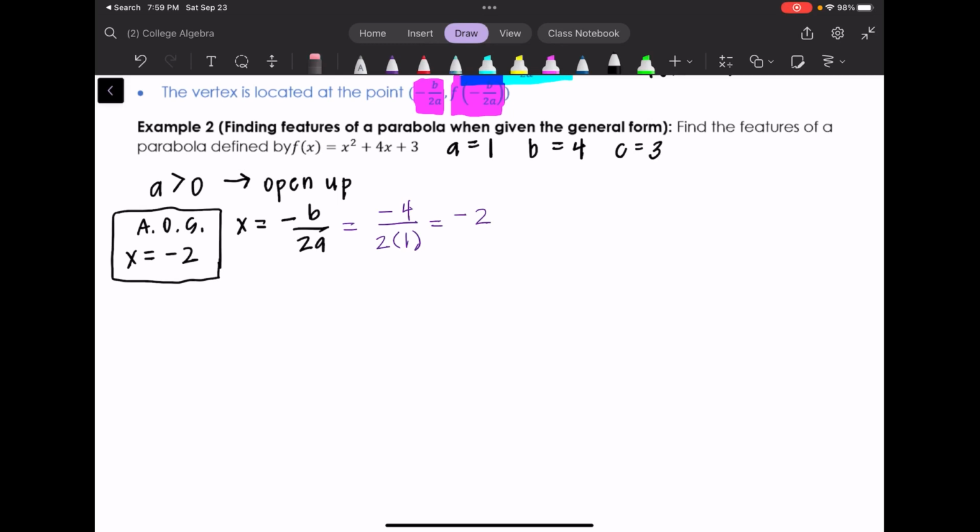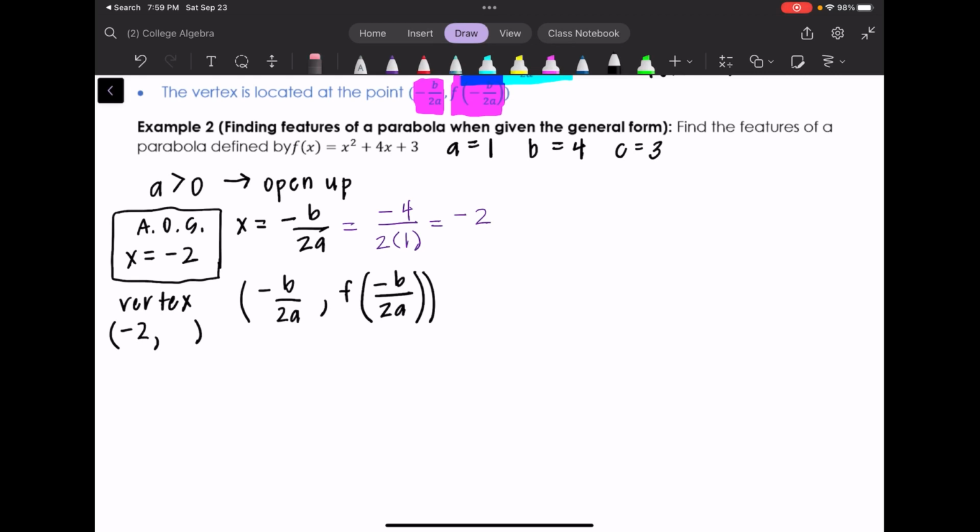The next thing we want to find is the vertex, which, if you remember, is defined as the coordinate negative b over 2a for the x value, and f of negative b over 2a for the y value of that coordinate. But we just found the x value with the axis of symmetry, so that part's already done.